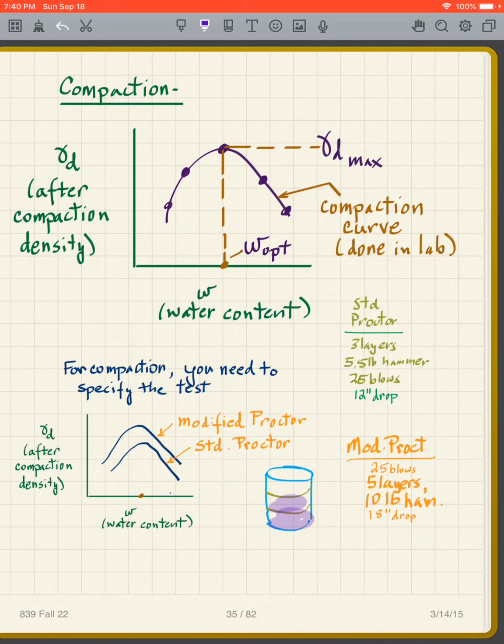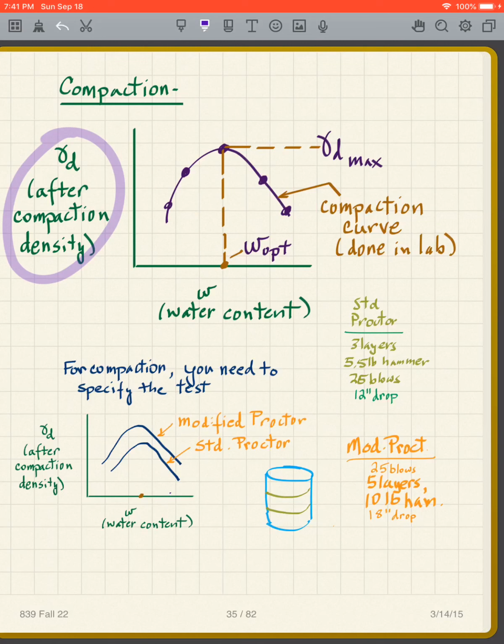I then change the water content again, same type of soil, from the same original soil source. Compact the 3 layers, get another density out of it. Increase the water content some more, do the same thing, get another density. Increase the water content some more, get another density.